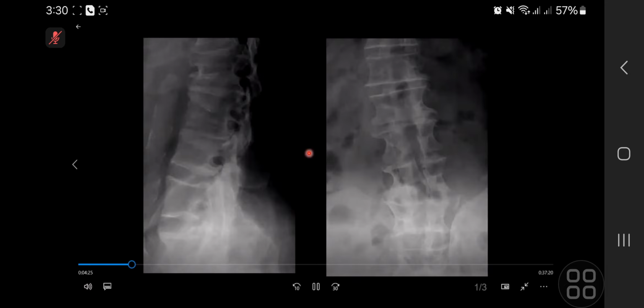On the lateral projection, the vertebrae demonstrate posterior vertebral body scalloping and some irregularity of the posterior elements. I think that's the main abnormality that I can see.